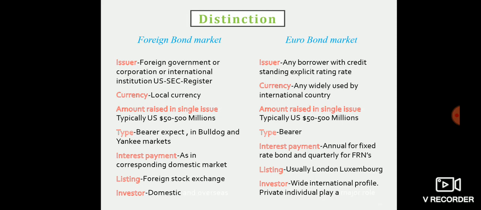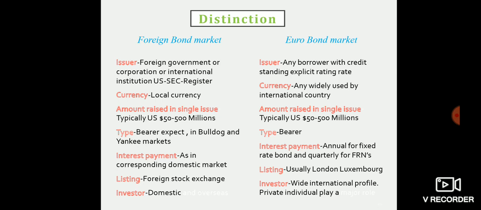The foreign bond issuer is a foreign government, corporation or international institution registered under the US SEC, the Securities Exchange Commission. The Eurobond issuer is any borrower with an explicit credit rating. If companies or corporates have a good credit rating from credit rating agencies, then Eurobonds can be issued by them.